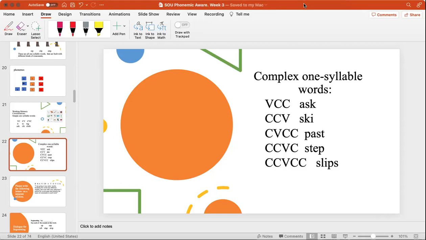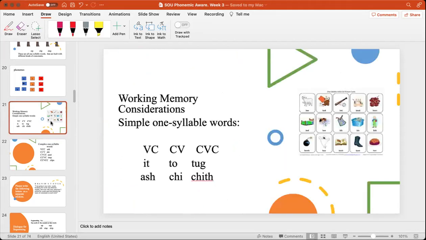And these are the hardest level for our students who have difficulties with phonemic awareness and working memory to hear and to segment and to blend. So what we do is we start with the simpler ones, the 2 and 3 sound words.